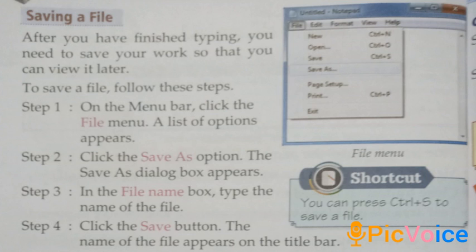Step 2. Click the Save As option. The Save As dialog box appears. Step 3. In the file name box, type the name of the file. Step 4. Click the Save button. The name of the file appears on the title bar.